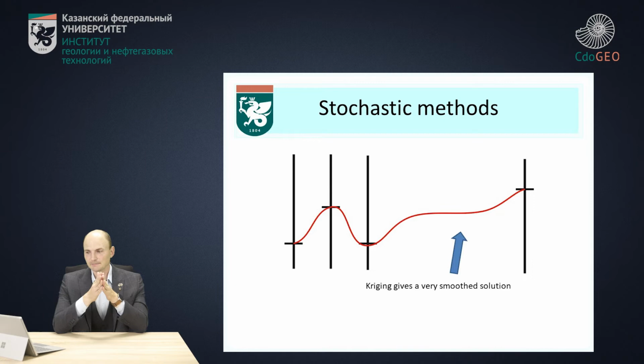Let's look at the example. Here we have 4 wells with certain values of well tops, and we did Kriging. As you can see, outside of the range, Kriging gives us the average value. But you can see that in this big interval, it's only average.